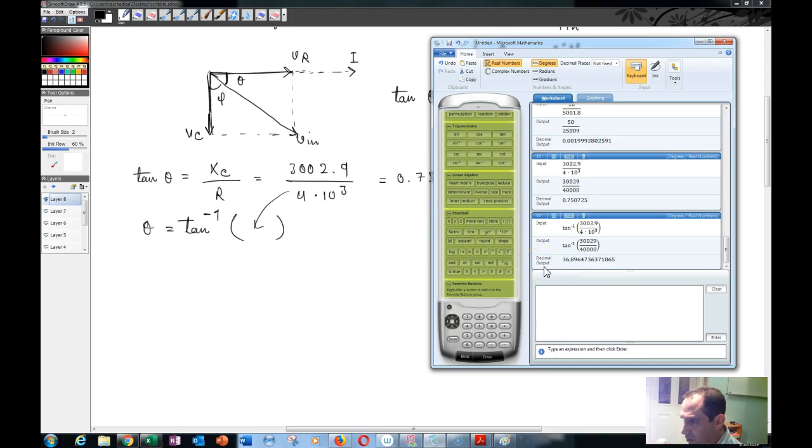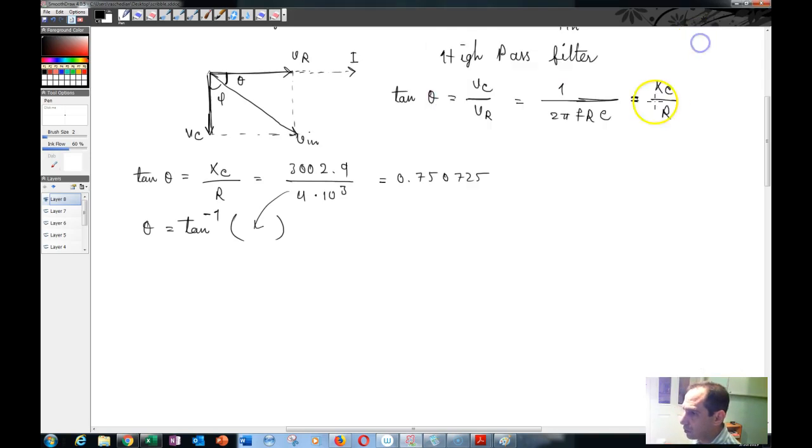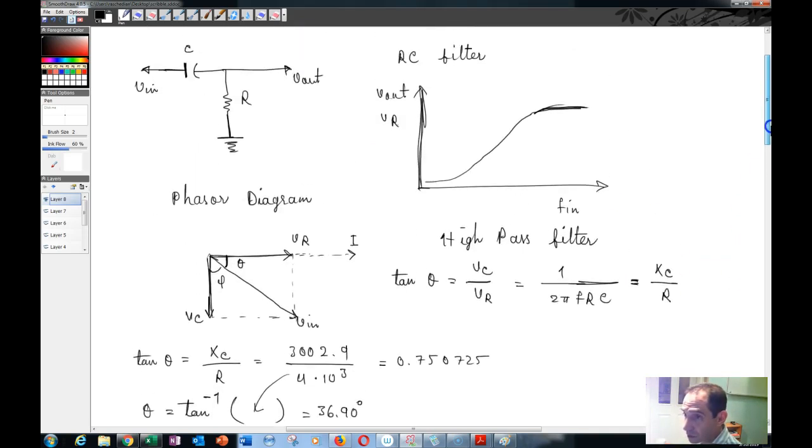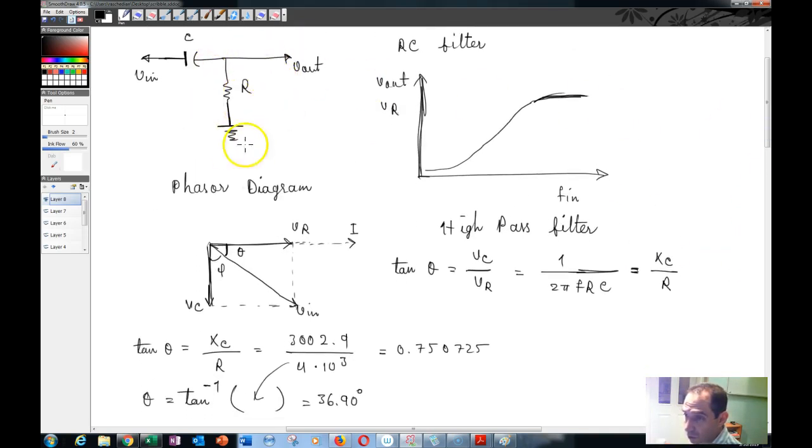And now your angle is 36.89 degrees, which I call 36.90. So it's equal to 36.90 degrees. That's your theta, which is the angle between the voltage across the resistor and the input voltage, which is actually what we are looking for.